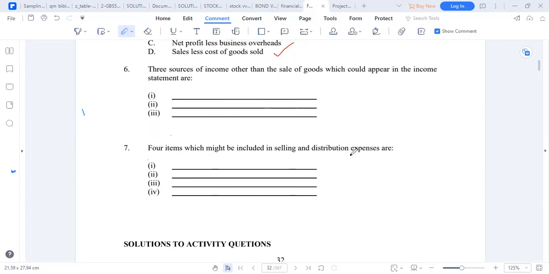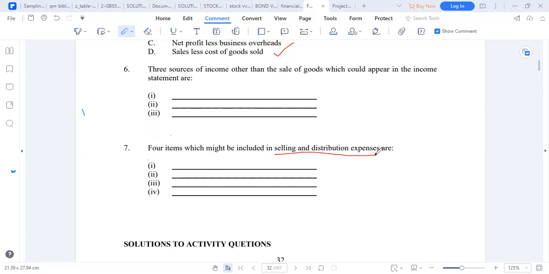Four items which might be included in the selling and distribution expenses. Carriage outwards, correct. Advertising.